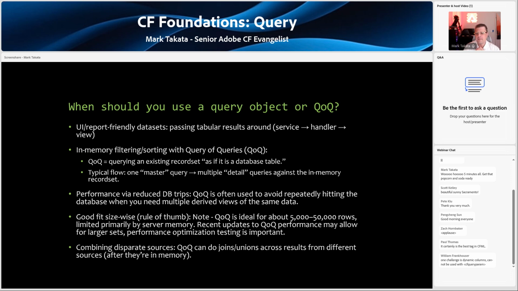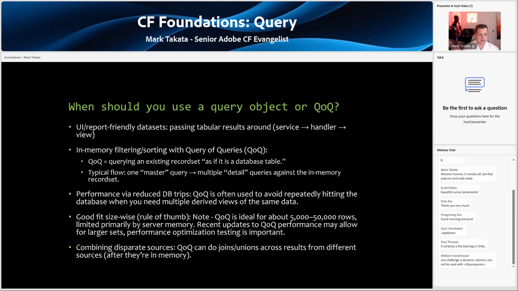But specifically, things that are report, UI, or tabular are what you're going to want to use a query object for. So you're going to go out and maybe pull something from a service, whether that's a database somewhere holding data for, I don't know, your insurance company or health company or whatever.